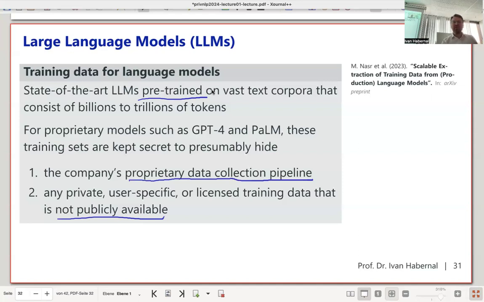So pre-trained means that. What is the pre-training objective, or even the training objective, of GPT? How is it trained? What does it mean, training? How do you train GPT? What do you need for training GPT?